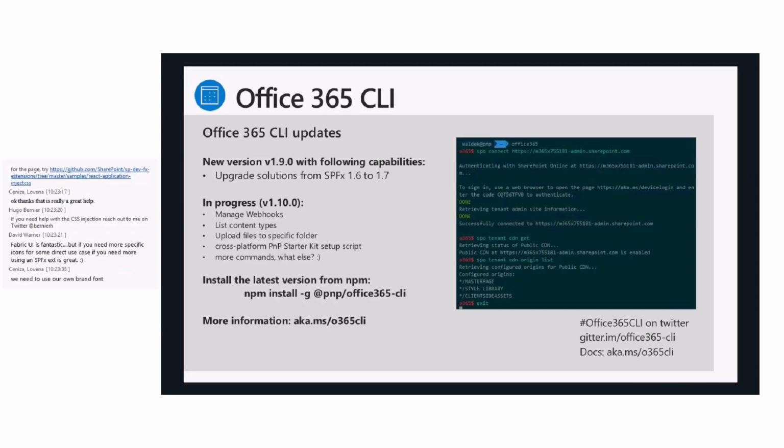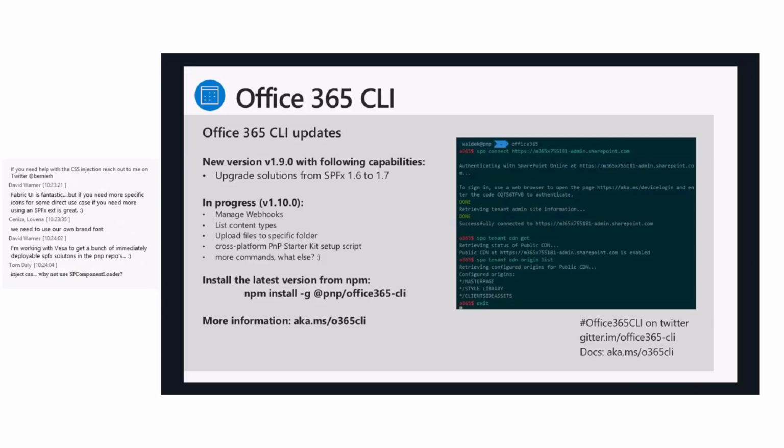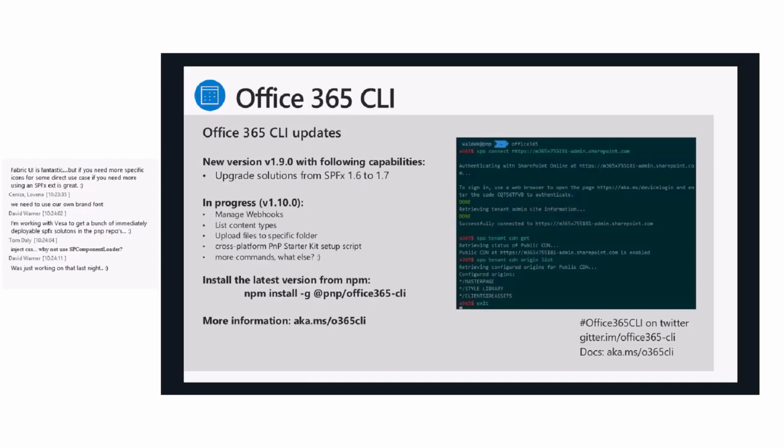Office 365 CLI. If you haven't had a look at this tool, it's a great cross-platform tool that has some excellent capabilities, very similar to the PnP PowerShell, but works cross-platform as a Node npm installable module. Current version is 1.9.0, and the biggest new capability there is the ability to upgrade solutions from SPFx 1.6 to 1.7.